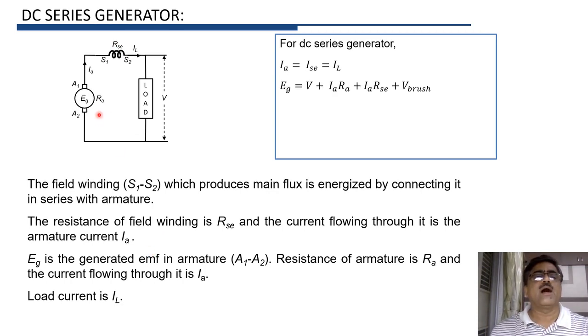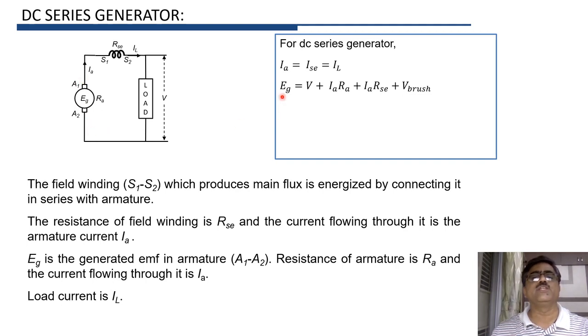Then again, by applying Kirchhoff's voltage law to this loop, we can write Eg is equal to terminal voltage V plus voltage drop in series field winding plus voltage drop in armature plus brush contact voltage drop.